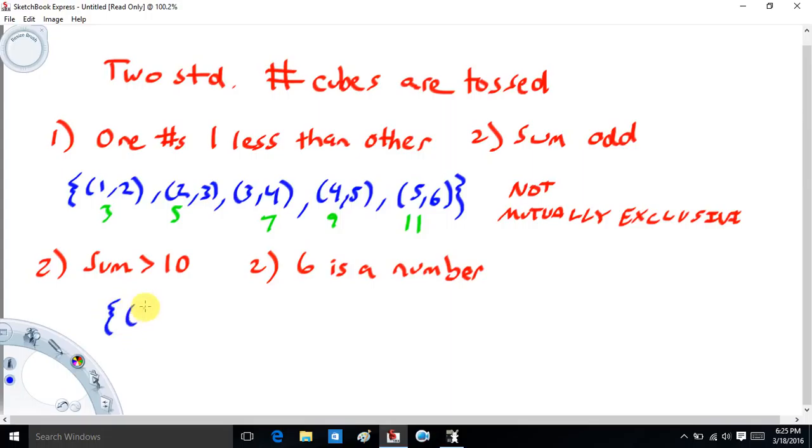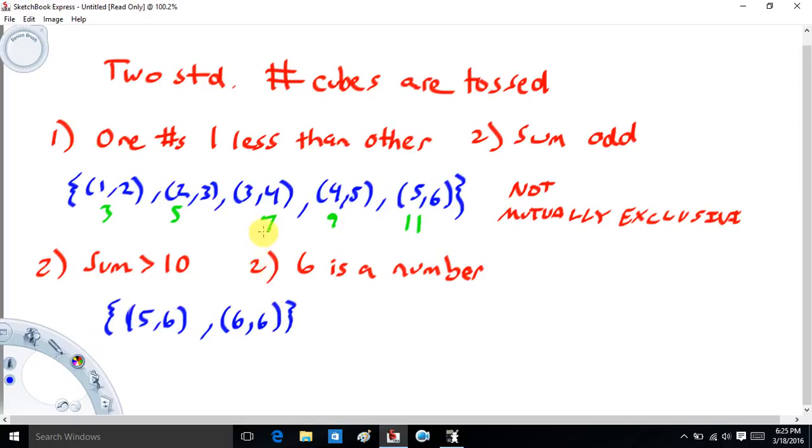We can have 4 and 6, and then we can have 6 and 6. Right?